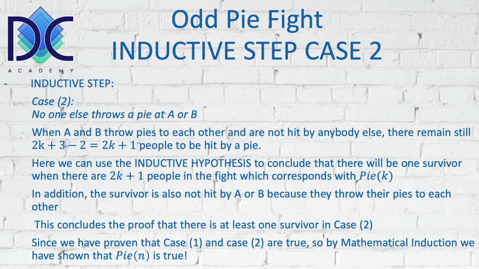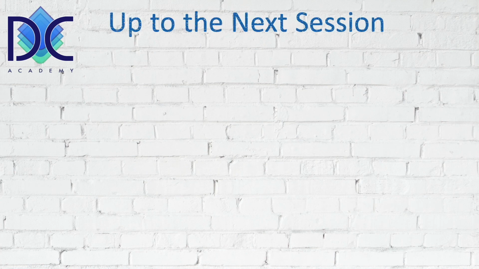So basically, this is the proof that we have been looking for. Now, this was a very interesting, a little bit more creative example, but sometimes we will find that these creative examples are quite useful in some applications.